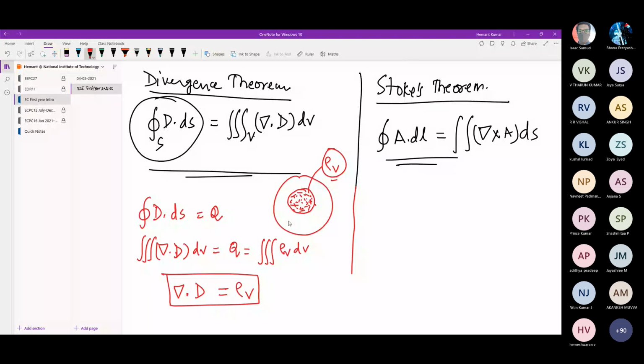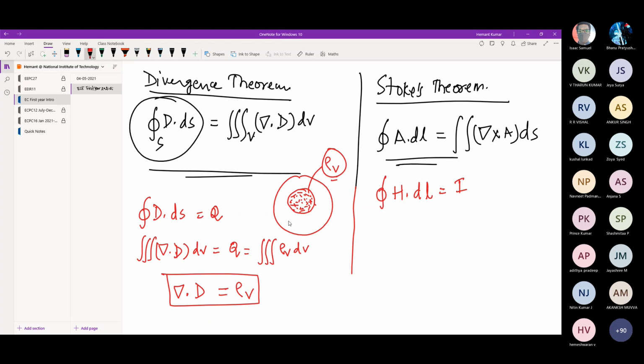Okay. Similarly here, you can apply Ampere's circuital law. What does Ampere's circuital law say? H dot dl is equal to the current passing through this surface. Okay, so that is I. But suppose the current is distributed over a surface. Suppose you have a current carrying wire, with some cylindrical area.